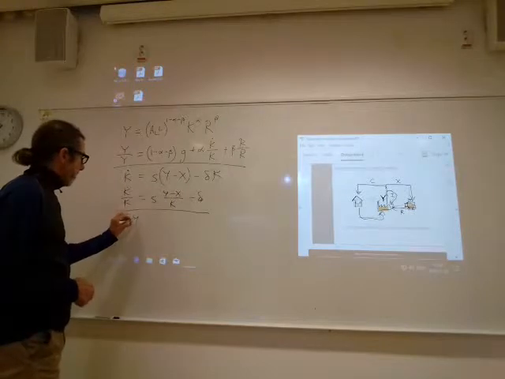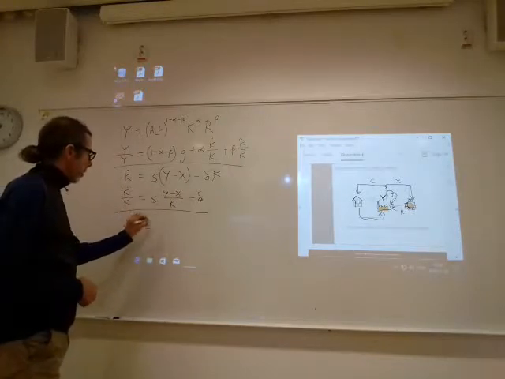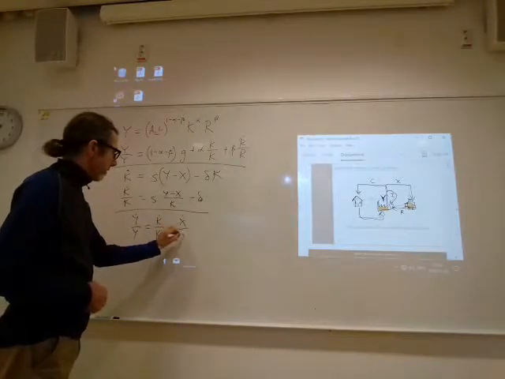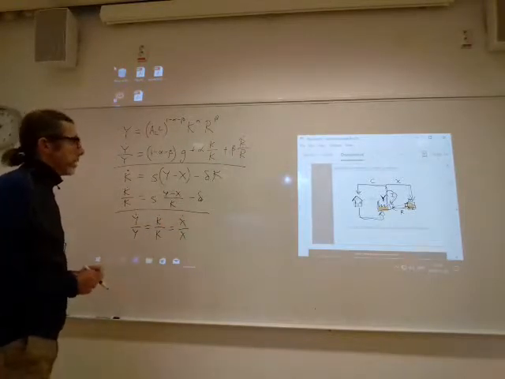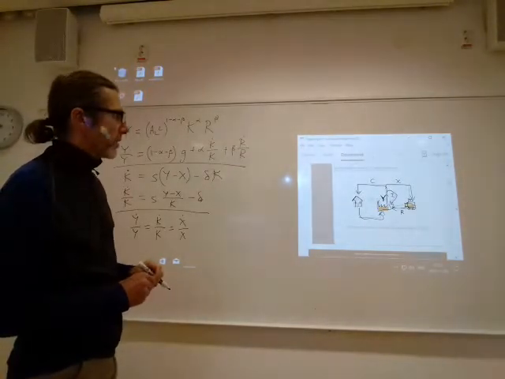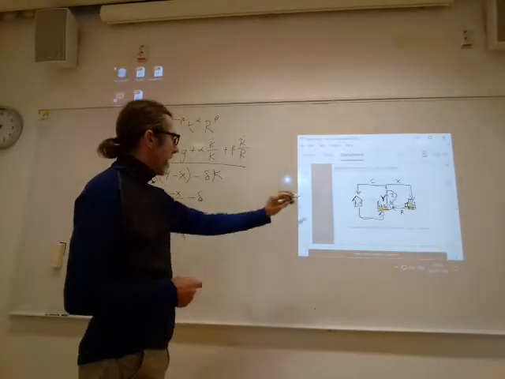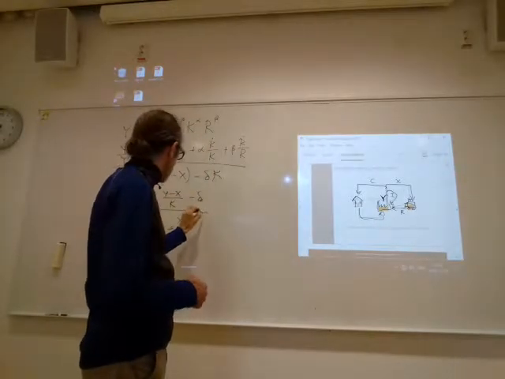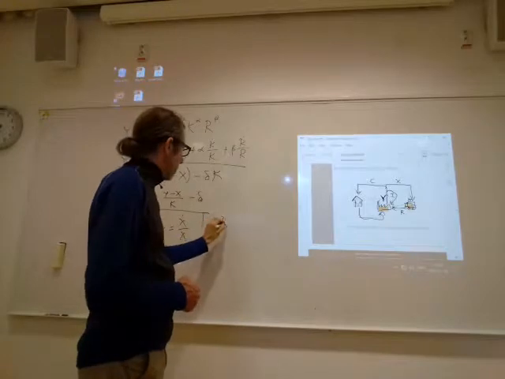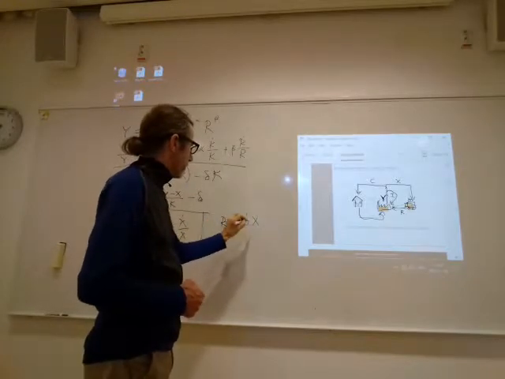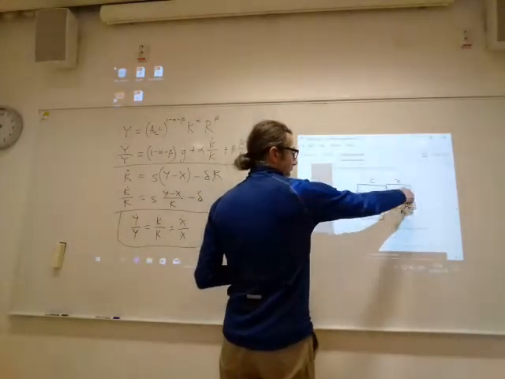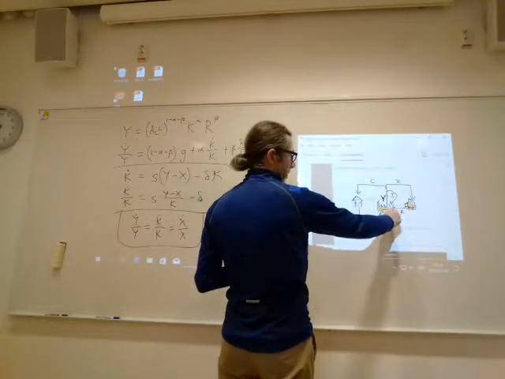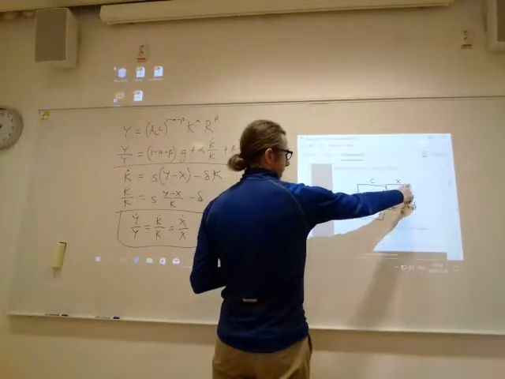So we then have Y dot over Y is K dot over K is X dot over X. Okay. But what's X? We can link X to R, because R is just phi times X. X is the only input to the extraction sector, and the output of the resource is just a parameter phi times the amount of the input.